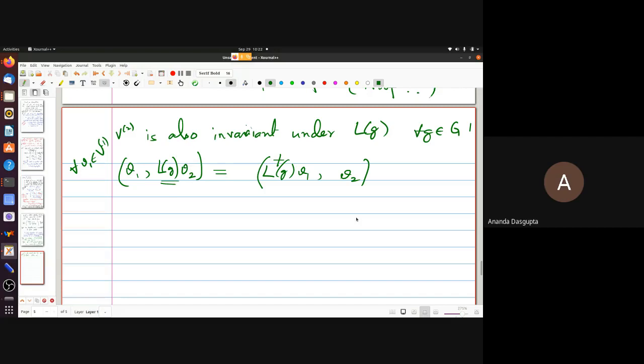Of course, when you do that, L changes to L dagger, right? That's the definition of L dagger. This has nothing to do with a unitary representation or anything. It's just how L dagger is defined. But now comes the important thing. If you have a unitary representation, then L dagger G is simply LG's inverse.